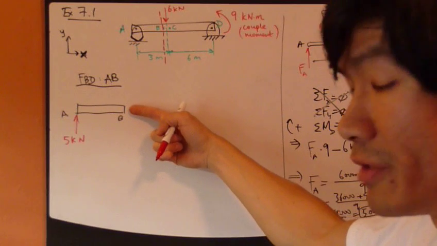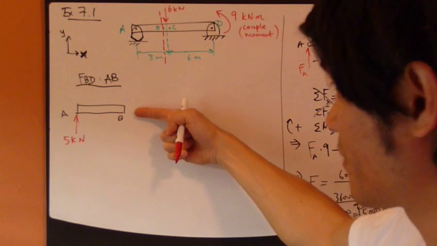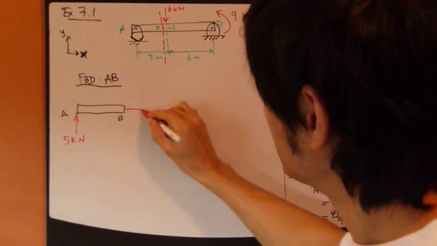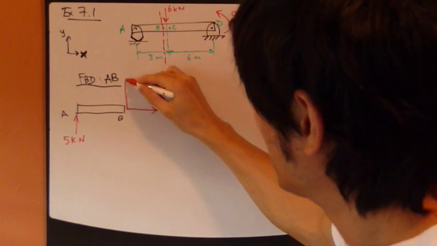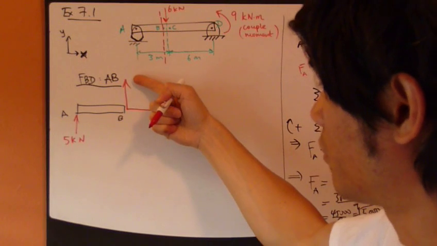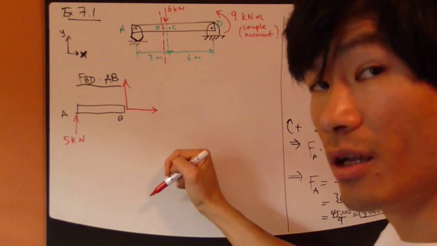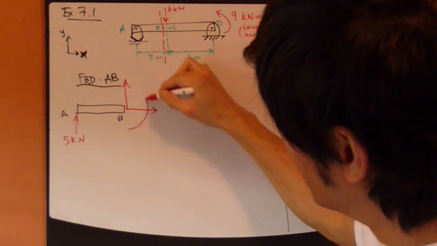Now, from previous discussion, you do know that there are 3 things going on at B. You have these 2 forces: the normal force, the axial force, and the shear force, right? And the moment.